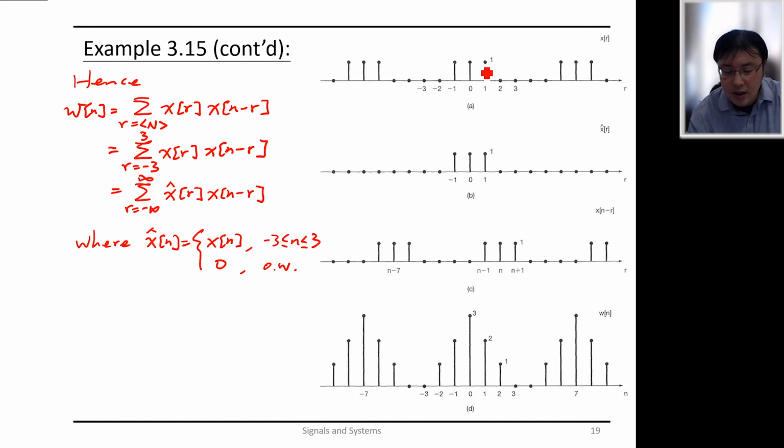Here n1 is equal to 1, so you have ones from -1 to 1, 0 for 2, 3, 4, 5, and then 1, 1, 1 again. This thing repeats itself every capital N equal to 7: 1, 2, 3, 4, 5, 6, 7.